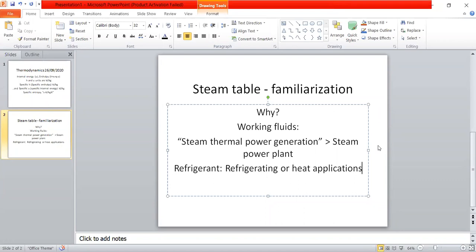So this assignment, you have to do it with a very good understanding. And this assignment is for you to understand working fluid up to some levels. Of course, this is the first step. And step by step, when we deal with thermodynamics, you will learn this subject to the fullest.